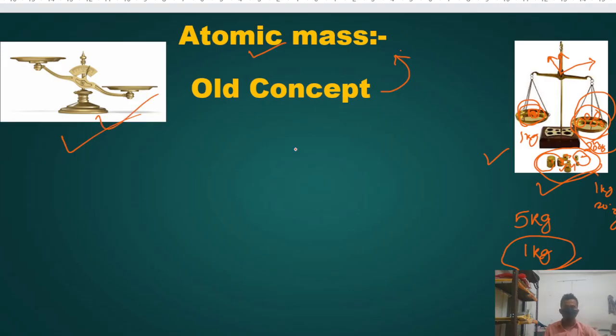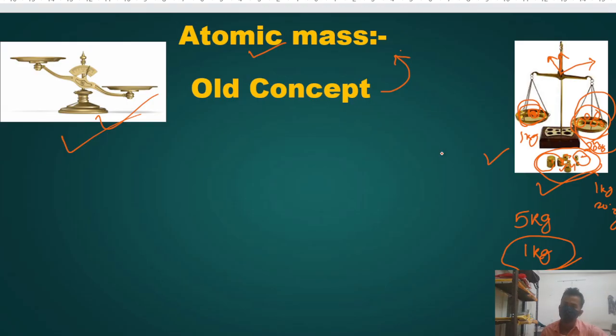So why did we discuss this weighing machine when we are talking about atomic mass? When the shopkeeper measures a thing, he requires a reference thing by which it will be easy to measure 1 kg of potato.